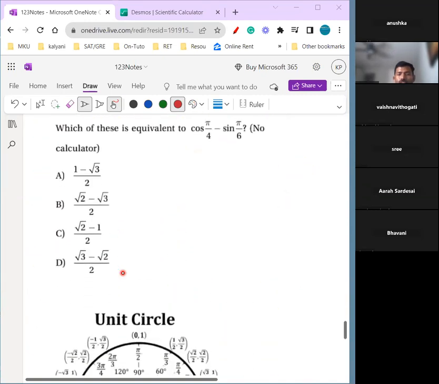This is one of the test questions. See if you guys can answer it. I see some answers already popping up. Good job. Okay, good.